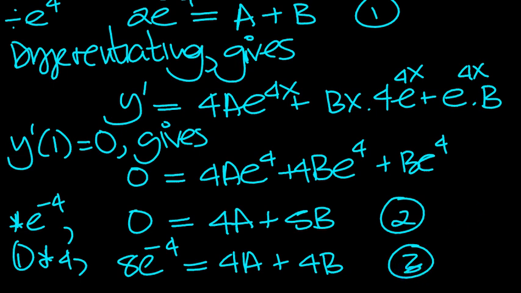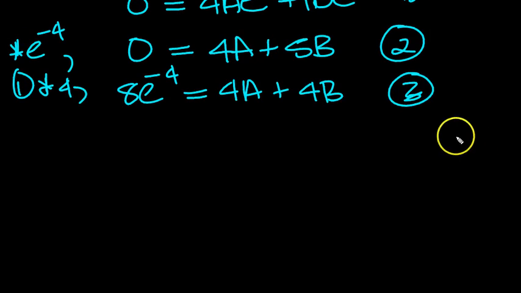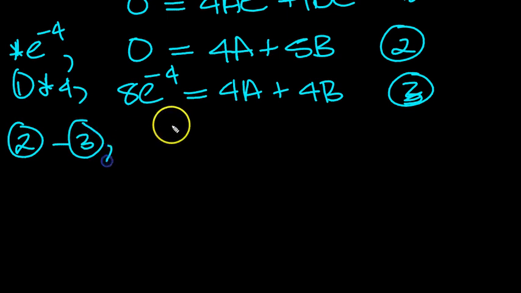So we've got these two equations, 2 and 3. So 2 take 3, because then we'll end up with a positive b and the a's will disappear. That take that goes. 5b take 4b is 1b. This take away that, minus 8 over e to the 4.